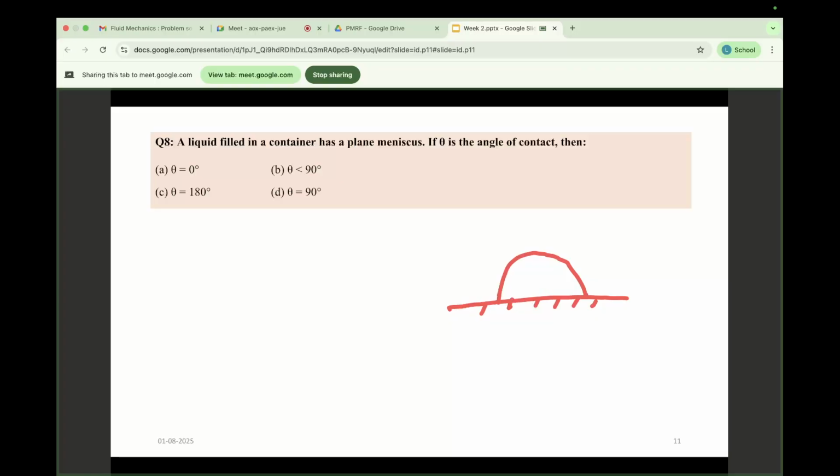So the contact angle is an angle that is measured at the interface of the liquid and this surface. How is it measured? At this point, the contact point between the surface, the liquid and the atmosphere or gas, if you draw a tangent to this curve, that is the tangent, right?